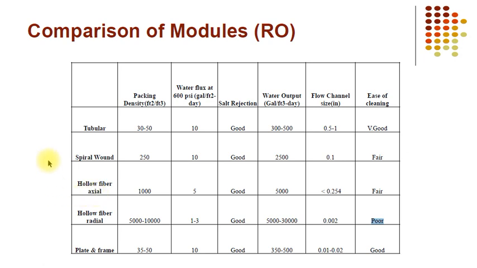If you are using inorganic or ceramic membranes for membrane reactors, or in the food industry or biotechnological industry, you can use the tubular modules. And if you want to do experiments in the laboratory, you can use either the tubular module or the plate and frame modules. So this is the comparison of different types of membrane modules used in the processing industry.